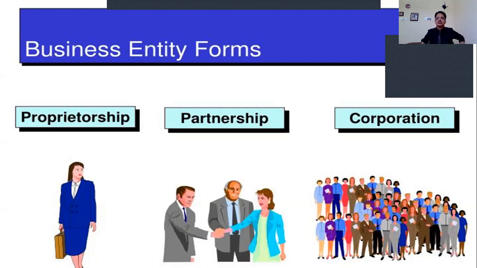Then formation, as I told you, is very difficult. Formation of a company is not an easy task like partnership or sole trading. It needs a lot of stages. You have to submit a lot of documentary evidence, like articles of association, memorandum of association, and the prospectus has to be completed.